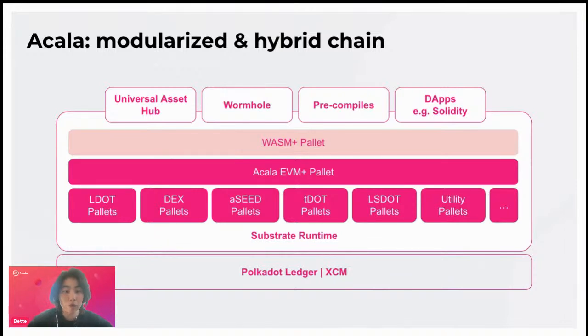And then, of course, on the very top there, you will see there's applications built on top of the EVM Plus. The Asset Hub, the Asset Router is one of them, but there's a bunch of apps that will be coming to the ecosystem.